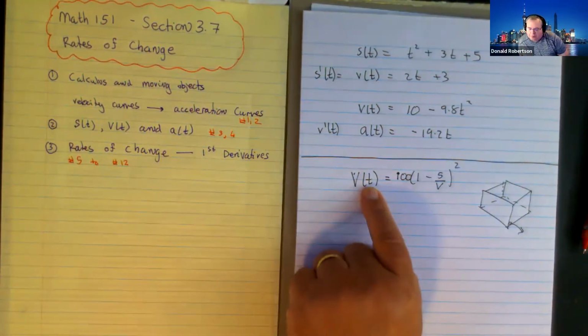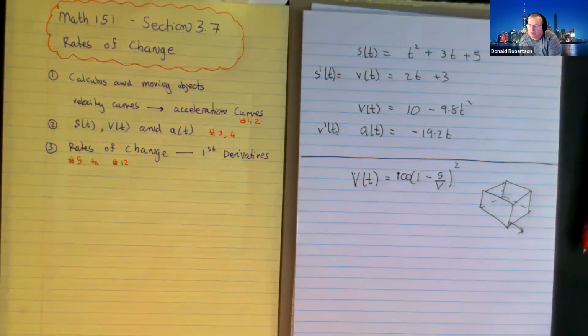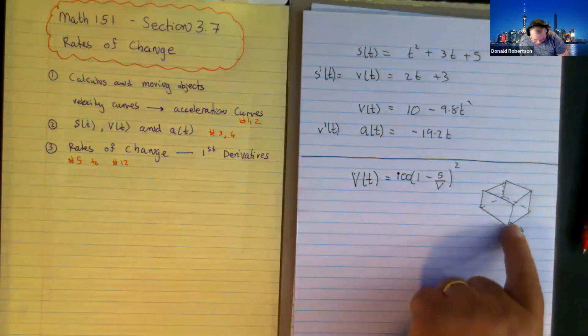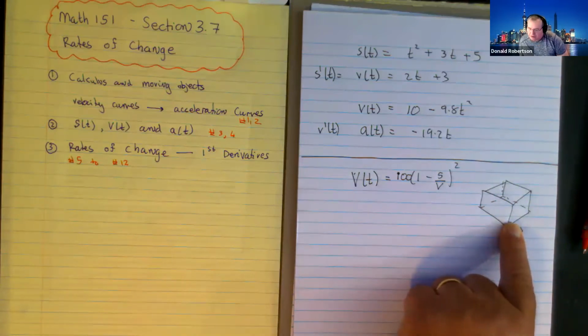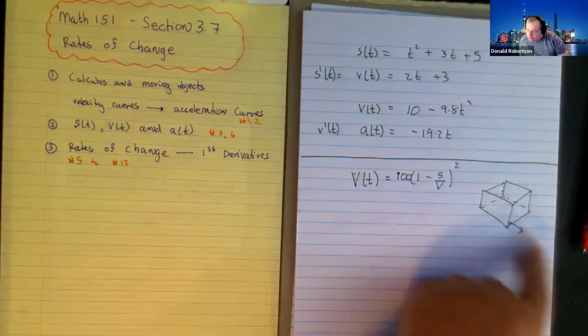So the volume is given by this formula. What I'm going to do now is find the rate of change of that volume. So what the rate of change is telling me is how the volume is changing through time, right? So what's the volume at 1 second? What's it going to be like in 2 seconds from now? What's the volume going to be like in 5 seconds? Can you see that this tank is going to have less and less and less volume of liquid, isn't it? Because it's shooting out.